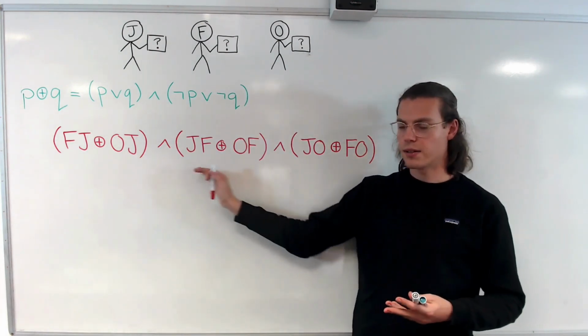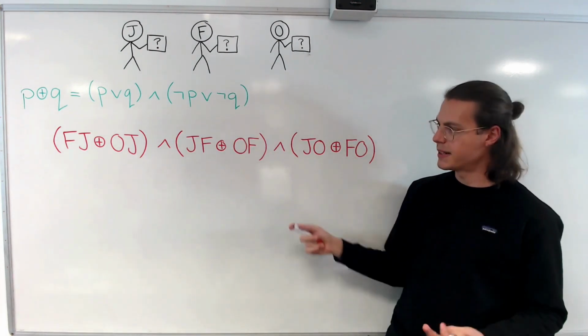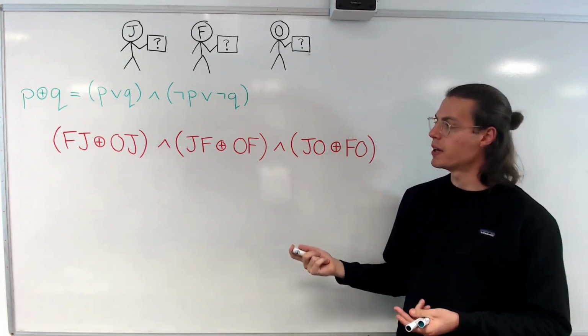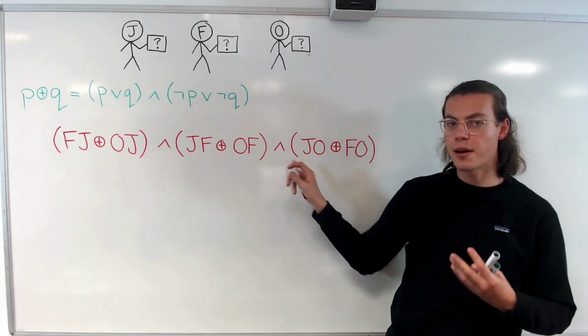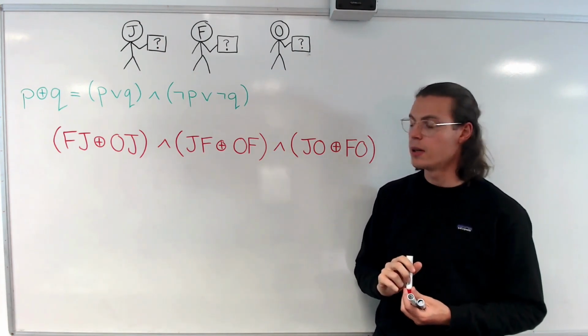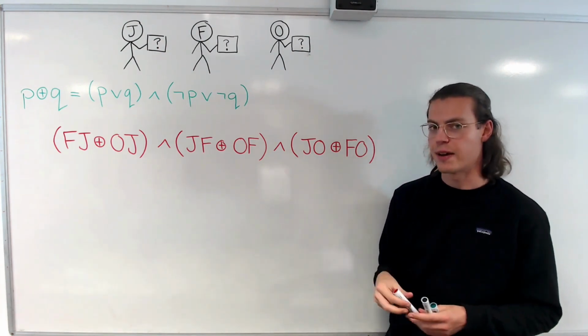So that's quite a lot of information. This expresses that each boy has a piece of paper with exactly one of the others' names on it. But that's not all the information we have.